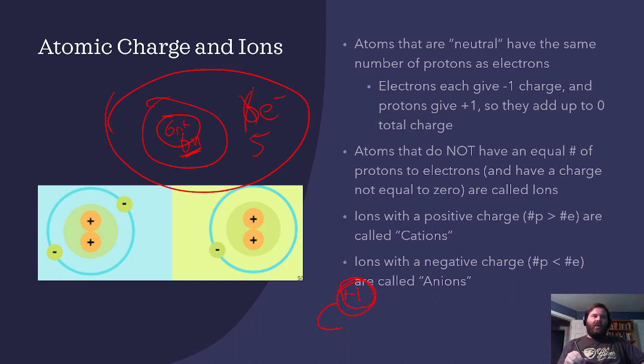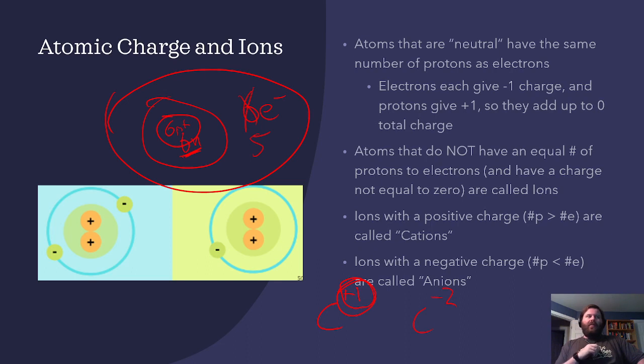Okay, this number can technically be anything, right? We could have carbon -2. These are all very unlikely to actually exist, but carbon -2 would mean that we have 2 more electrons than we have protons. So looking at our picture up there again, that would be 8 electrons. Okay.